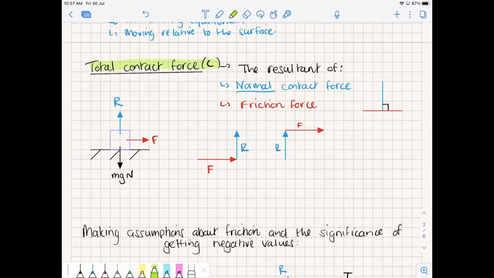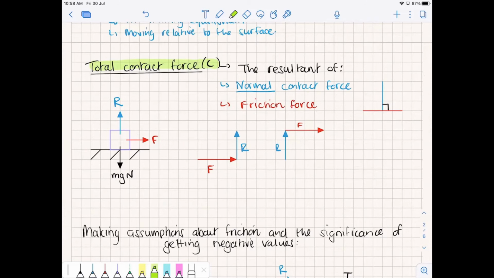So let's consider how these forces are applied. The normal contact force is always perpendicular to the surface, and the friction force is always parallel to the direction that the object is moving. And that obviously means that these two forces act at 90 degrees to each other. They're perpendicular.